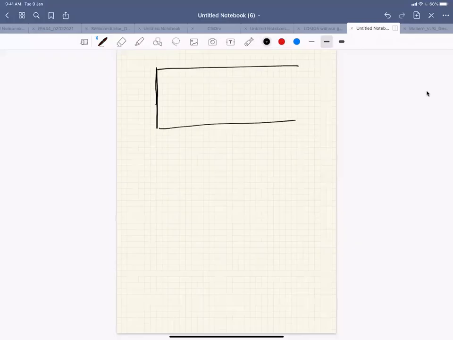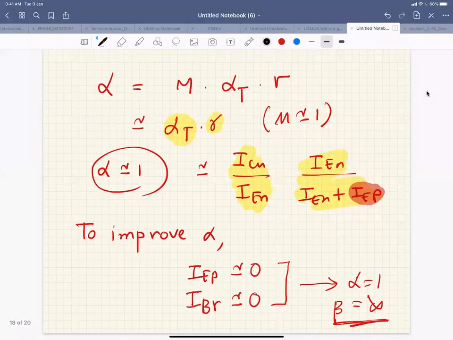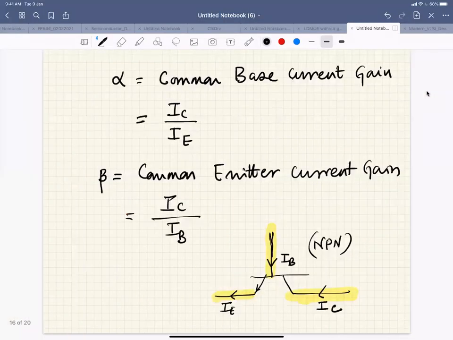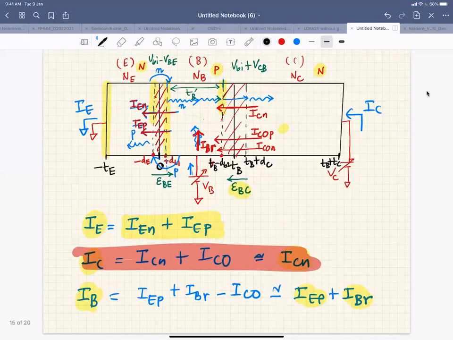Any questions from anybody? Yeah, Monica, can you please tell how we have got IB here? IB equals IEP plus IBR minus ICO, like in that diagram you showed. You see, IB you can get by doing the KCL.